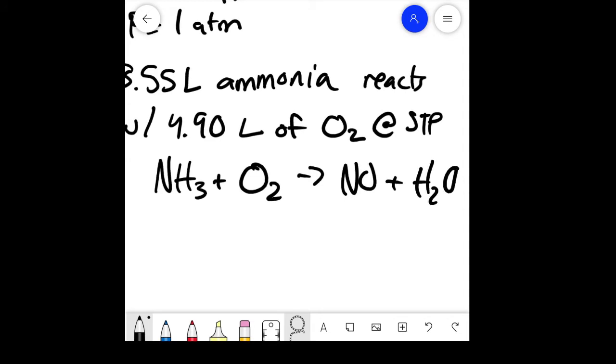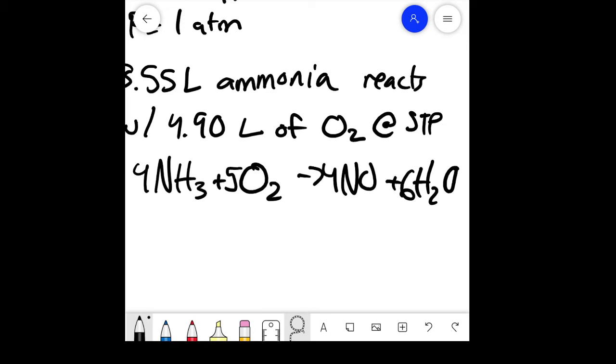Let's say we're looking for the amount of nitrogen monoxide produced. First we have to balance this. I know, because I've already done this, that it's 4, 5, 4, 6.